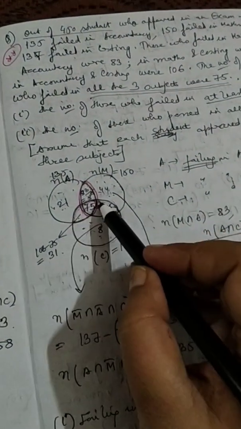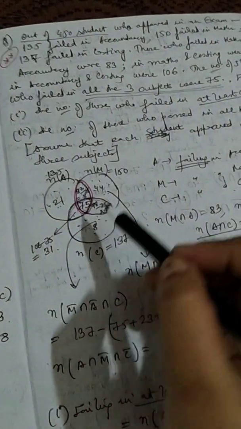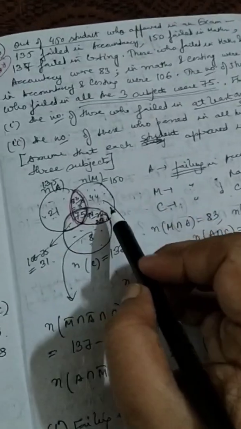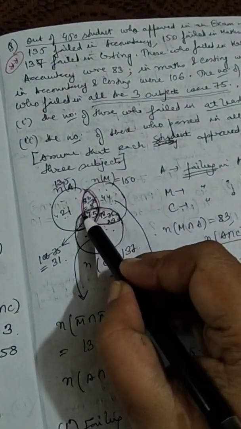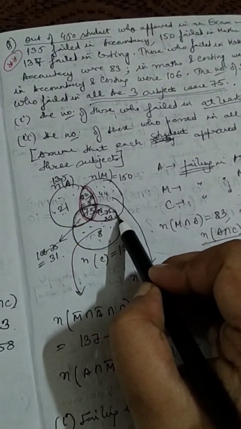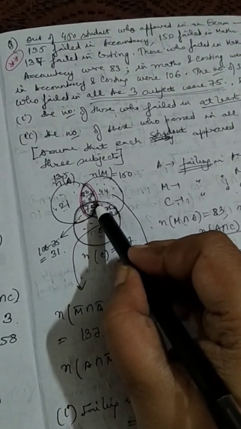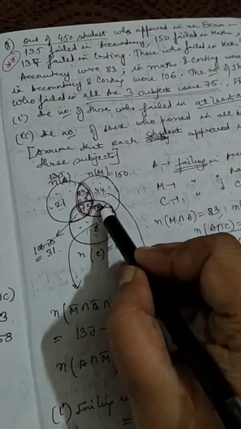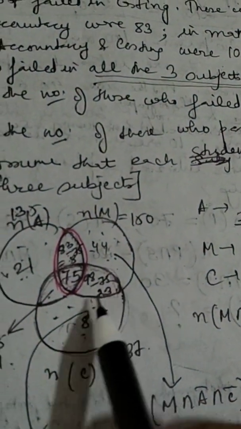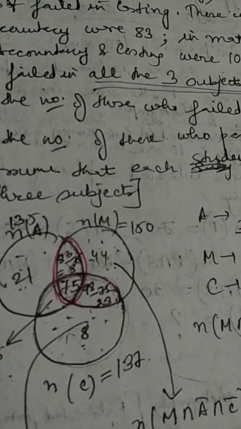And this small portion over here is going to be, let's see how much it is, 98 they are saying. Maths and costing is 98. So this is the common region between maths and costing. This entire portion is 98 in number, out of which this part is 75. So this part will be 98 minus 75, and that is how much? 23.